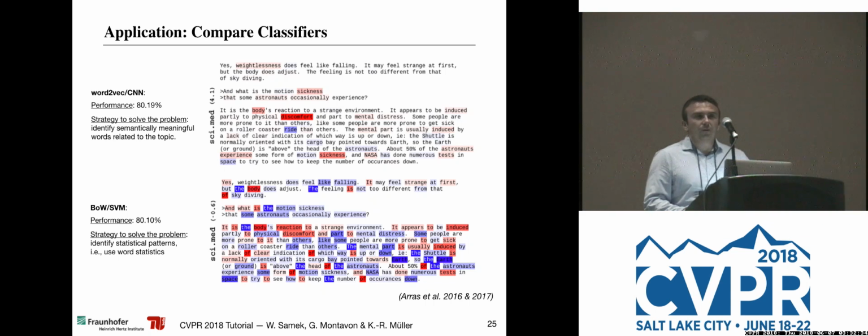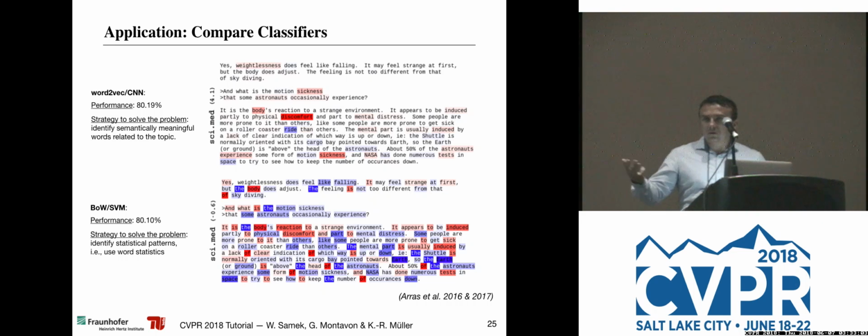The bag-of-words model does equally well in terms of performance, but it doesn't have access to the semantic representation, to this word2vec representation, so it mainly relies on statistics. It classifies the text according to how often several words occur in this text, but in terms of performance, both of them are equally good.